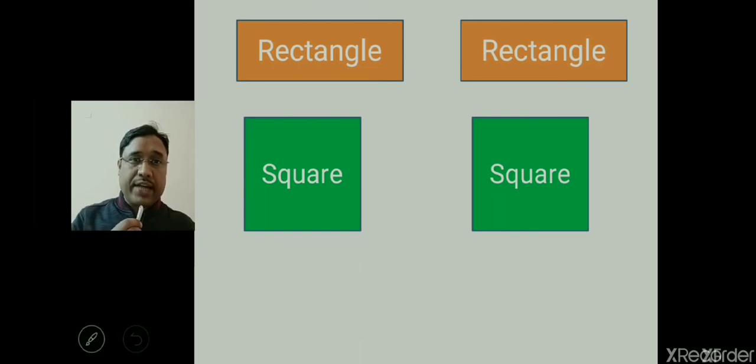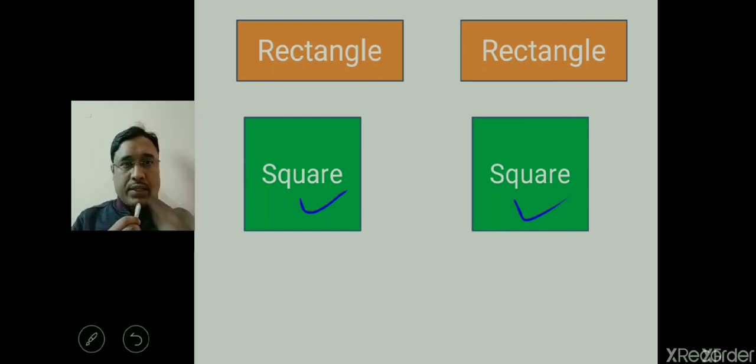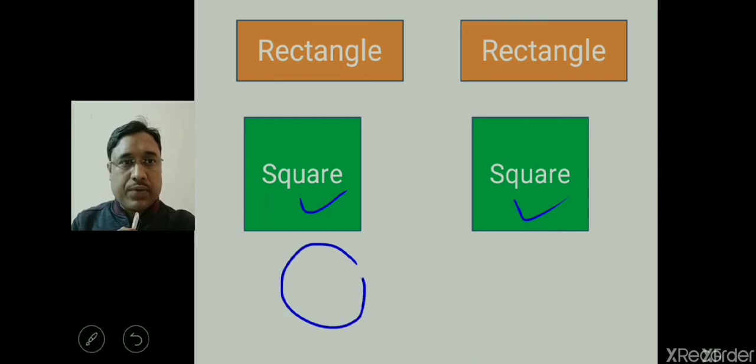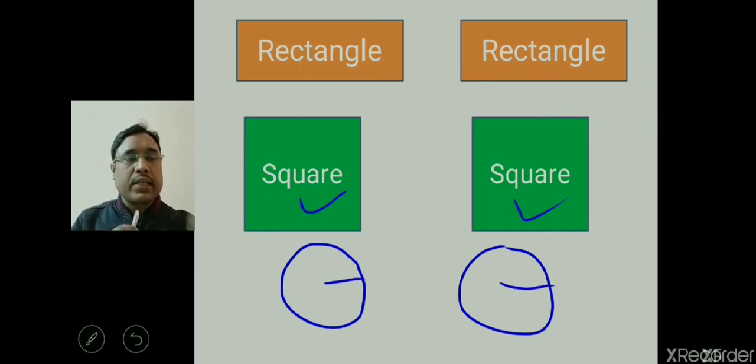Side of the first square is equal to the side of the second square, then you can say that these two squares are congruent. Similarly, in case of circles, suppose this is a circle and this is the second circle, if their radius is the same, then you can say that these two circles are congruent. Their radius or diameter should be the same.